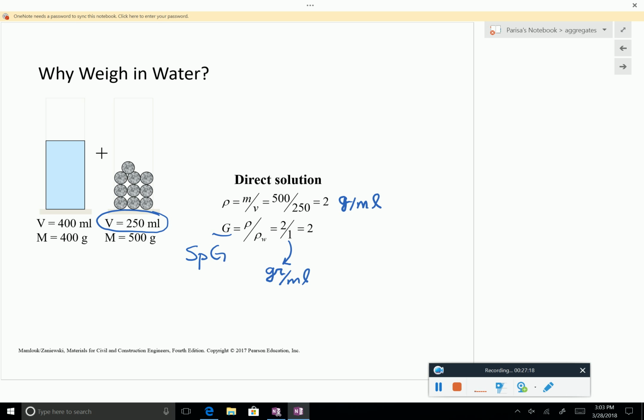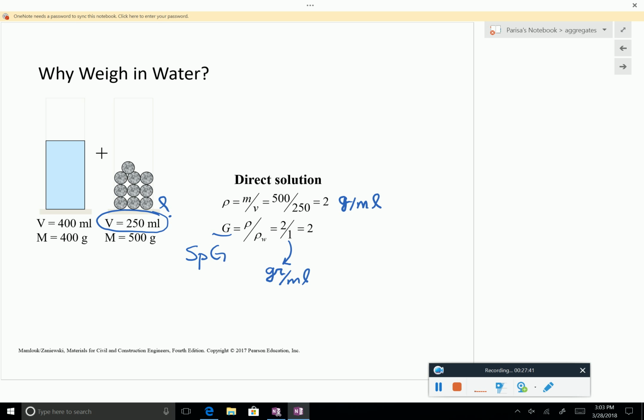But what we don't know is the absolute volume. So engineers have figured out a way to do it, which you have done in the lab. And I just want to explain to you how it is, especially if you are not taking the lab. This is how it goes.